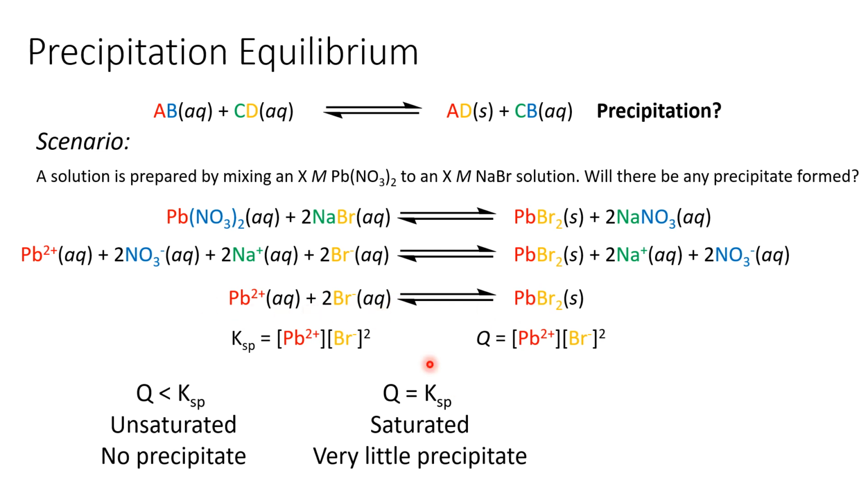We just talked about this. So when Q is equal to KSP, you have very little solid because at that point, you're just at equilibrium.